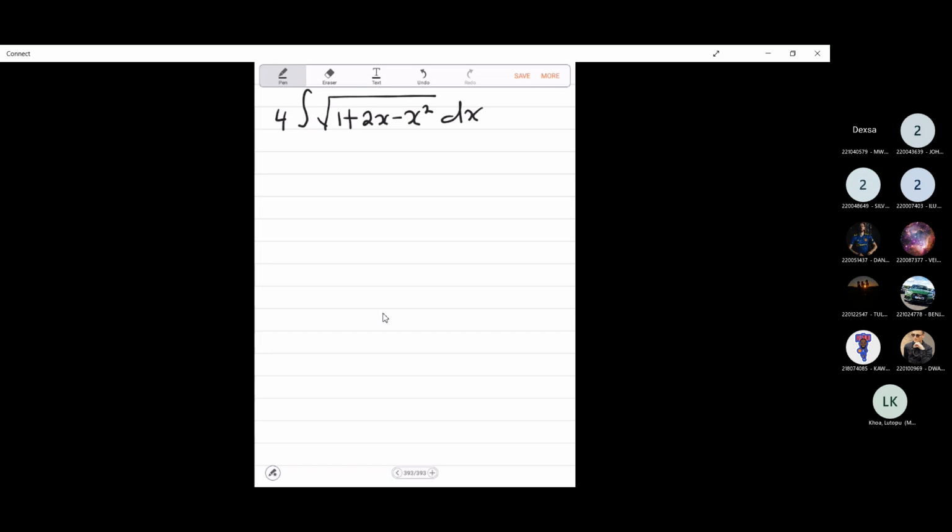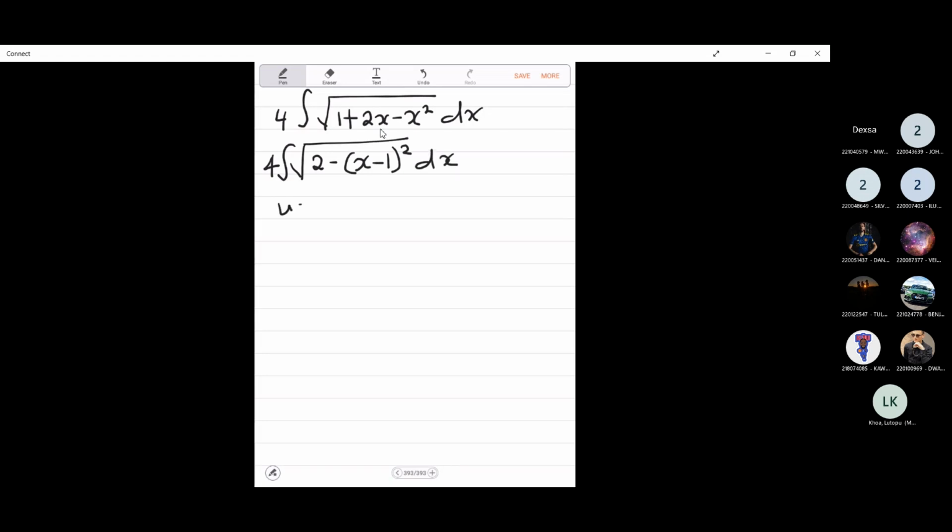So I have the 4 outside, and then under my square root, I will have this one, just complete the square. We have 2 minus x minus 1 squared dx.